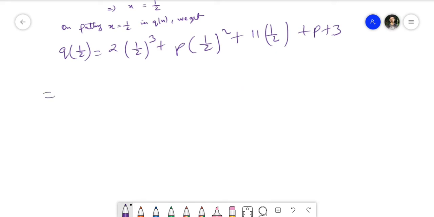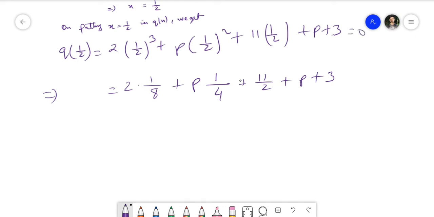2 cubed means 1 by 8, because 1 cubed means 1 into 1 into 1, and 2 cubed is 8. p into 1 squared over 2 squared means p by 4, and 11 by 2 plus p plus 3. We can write equal to 0 also, no problem.